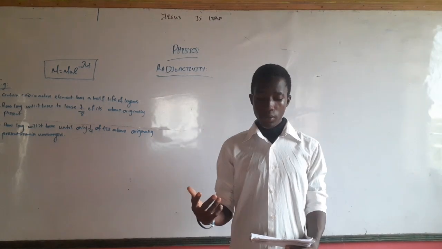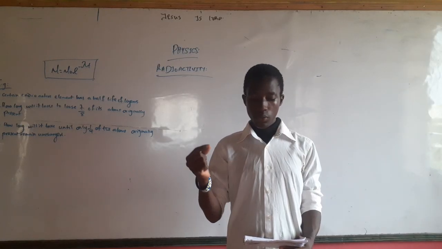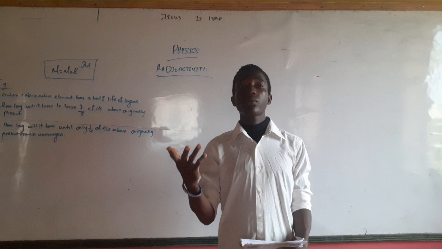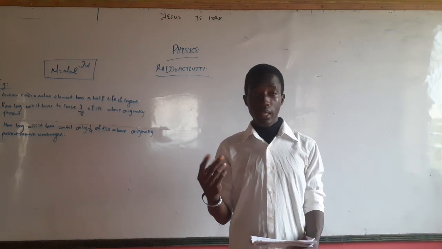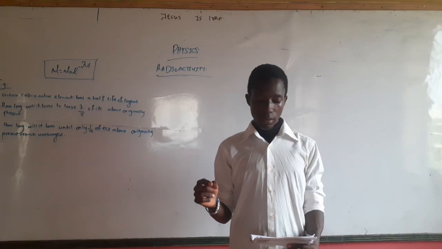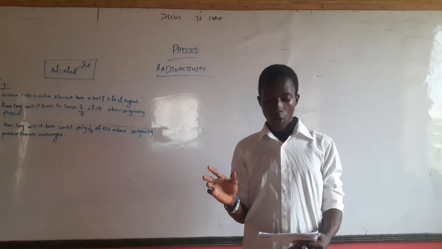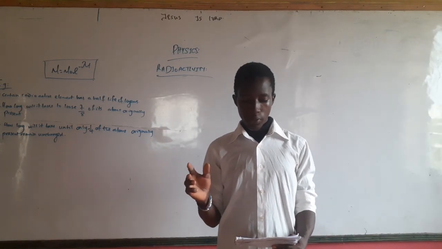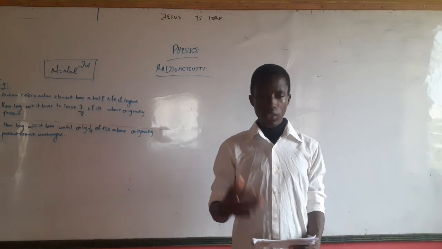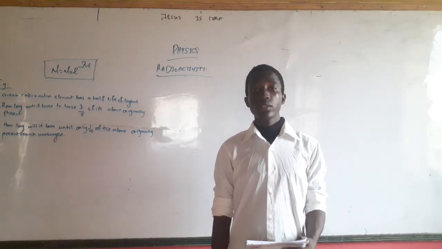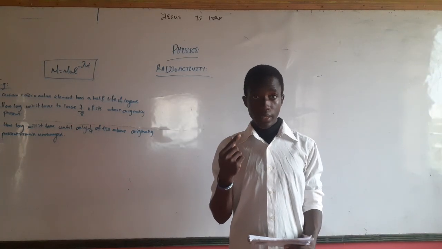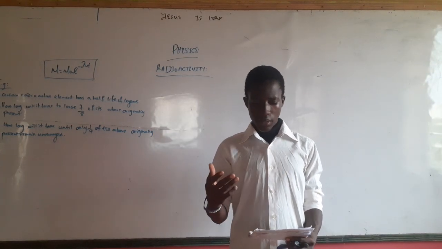Talking about radioactivity, what do you understand about radioactivity? Radioactivity is the spontaneous decay or disintegration of the nucleus of the atom of an element, during which some rays are emitted, like the alpha, the gamma, and the beta rays, or a combination of any or all of the three, and energy or heat. You can check the definition in your available physics materials.